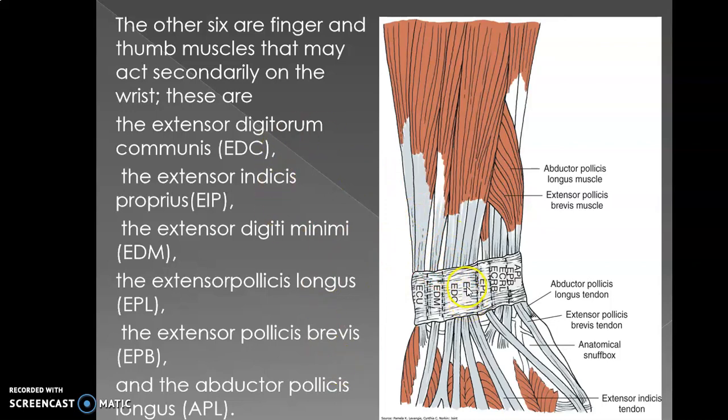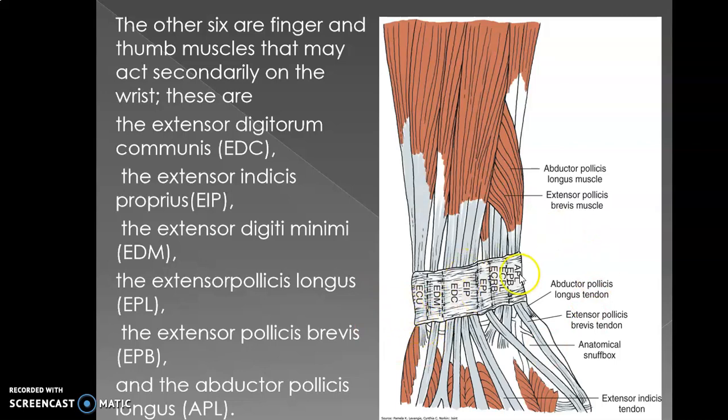Extensor digitorum communis is the main important finger extensor muscle, the strongest finger extensor. Extensor digiti minimi is the extensor of the small finger. Then finally on the ulnar side, the extensor carpi ulnaris.